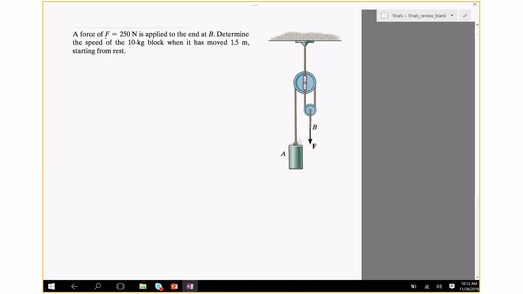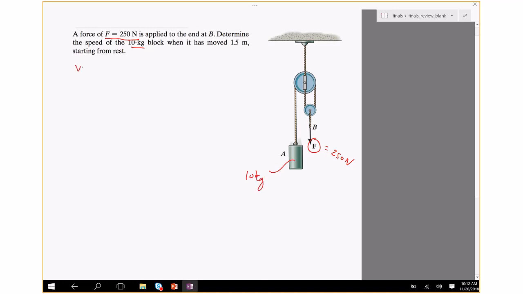A force of 250 newtons is applied to the end B. Determine the speed of the 10 kg block. So we need to find the speed. This is the 10 kg block.